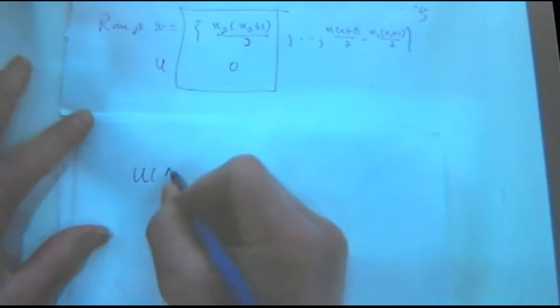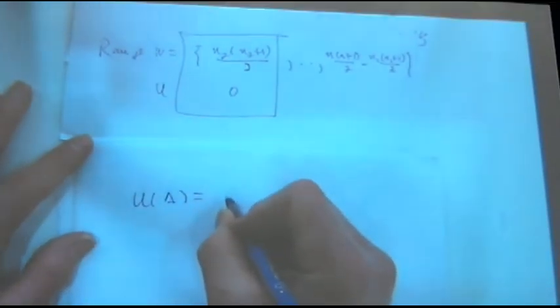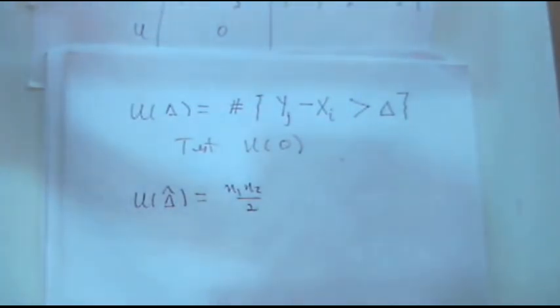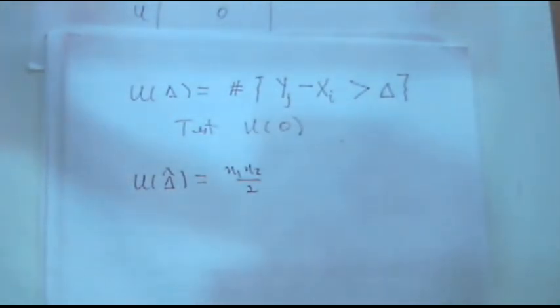Okay? So now tell me what the point estimate is. I'll just write this expression. My test statistic is U of 0, right? And this is what I have to solve. So you've got to pick delta hat.